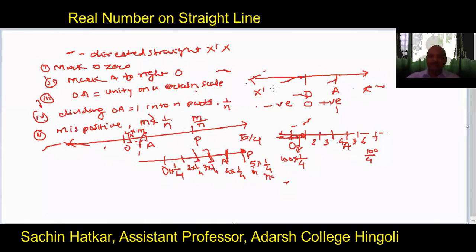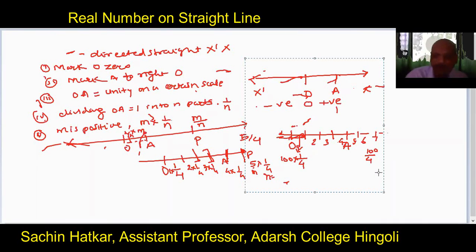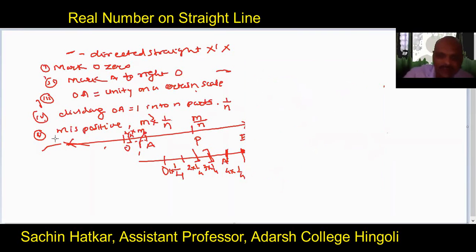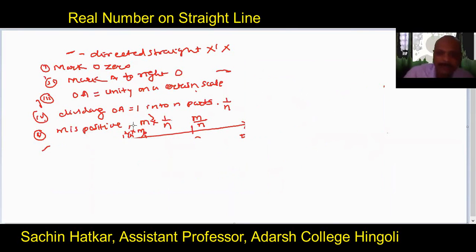Similarly, this shows that we can show any rational number on a real line.